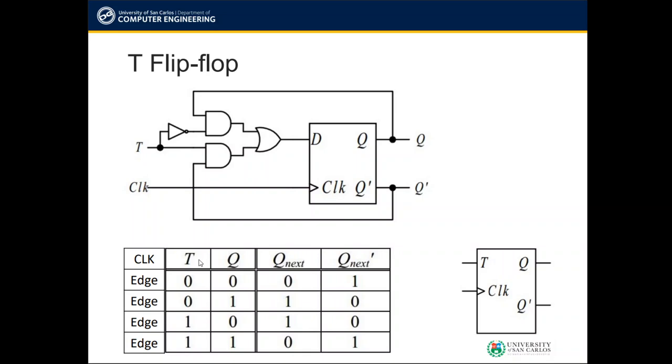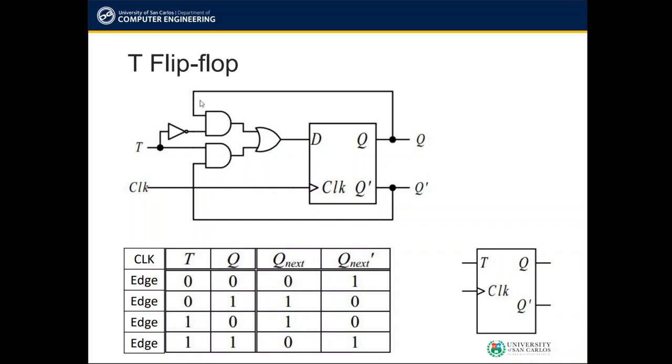How about if the value of your T is 1? Whatever the value of your Q here, 0 or 1, if the T is 1, it inverts the value of your Q. From 0 to 1, 1 to 0. This is what we mean by inverting or toggle.